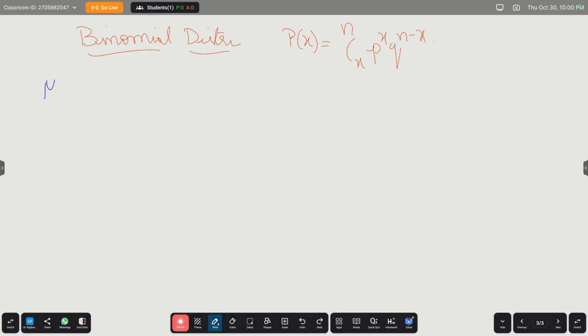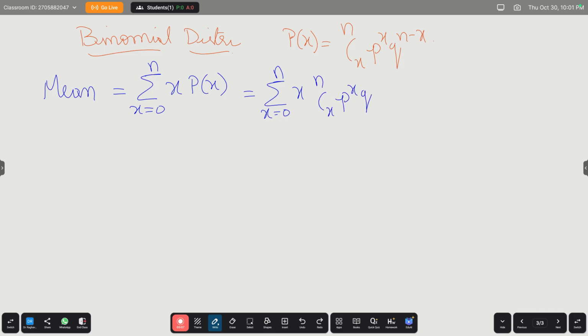Let me start with the general formula to find the mean. Mean formula is summation x multiplied by p of x, x running from 0 to n, and p of x is nCx p power x q power n minus x. This is the value of p of x for any x in case of binomial distribution.